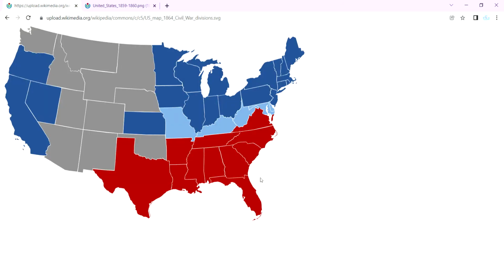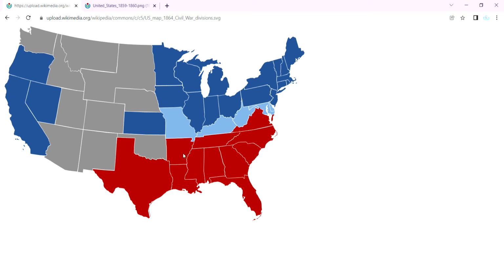The first state to secede from the Union was South Carolina, and the last state, if I'm correct, was North Carolina. All of these states seceded from the Union because they wanted slavery to remain, and they were nervous that Abraham Lincoln would outlaw it. Now it is important to note that not all slave states seceded from the Union.